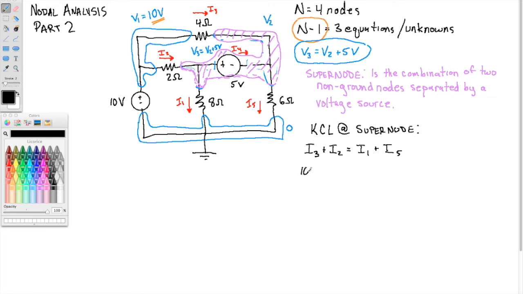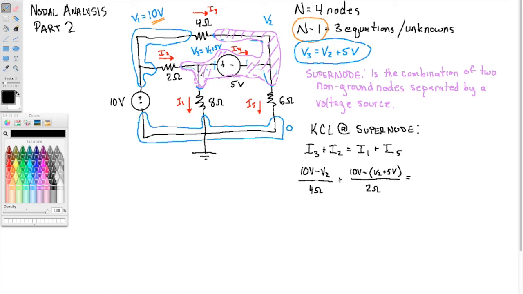So this is 10 volts minus the unknown voltage V2, divided by 4 ohms, plus I2, which is 10 volts minus, now instead of writing V3, I'm going to write V2 plus 5 because I have the relationship between them, V2 plus 5 volts over 2 ohms, equals I1.